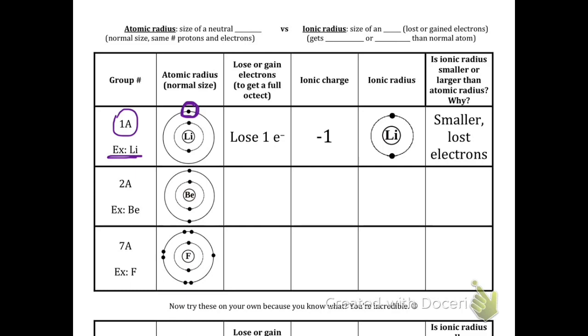Well, 1 versus 7, it's definitely easier to lose 1. So we're going to get rid of that electron. When we lose that electron, you've got to remember that now our protons and electrons are uneven.